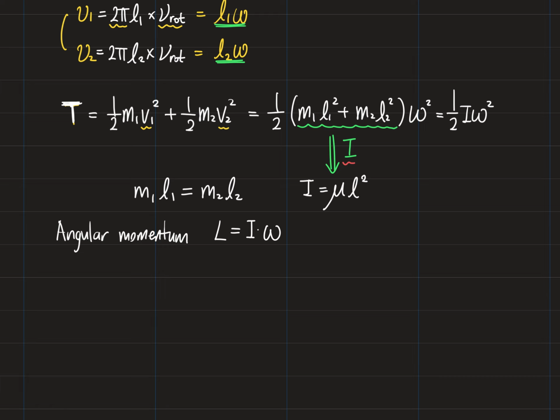And we know that the kinetic energy is defined as L squared, the square of the angular momentum, divided by 2I. So this is a very fundamental relation, and I guess we already discussed that one in chapter 5. So please pay attention to these two relations.